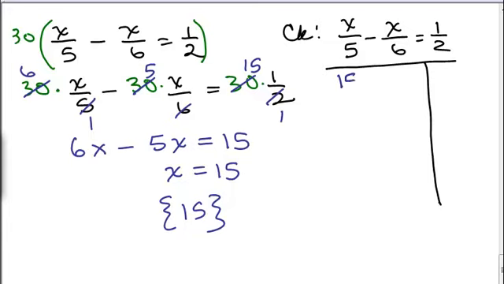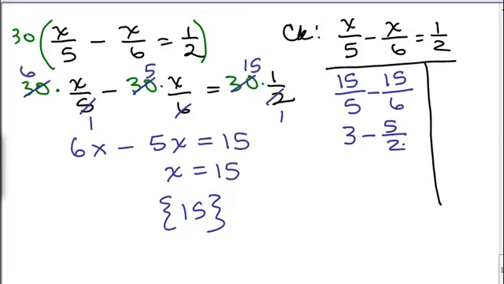So I have 15 over 5 minus 15 over 6. Now you want to reduce both of these. So 15 over 5 is 3. And 15 over 6, well, you could divide both the numerator and denominator by 3, so that'll be 5/2.